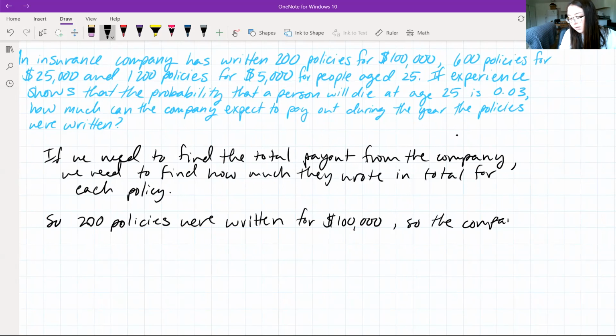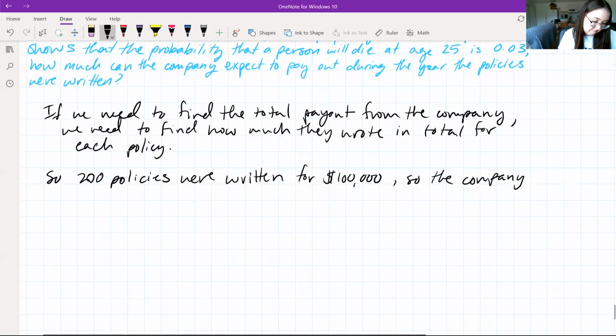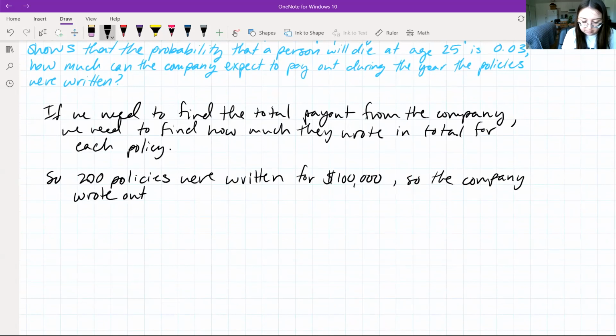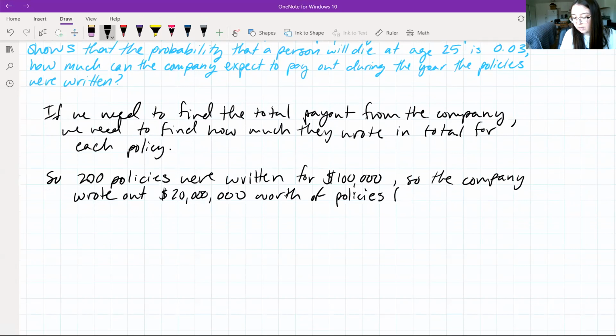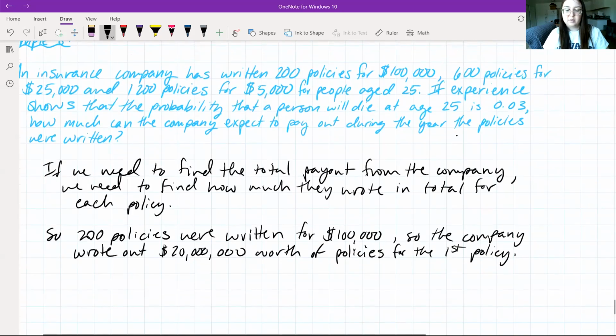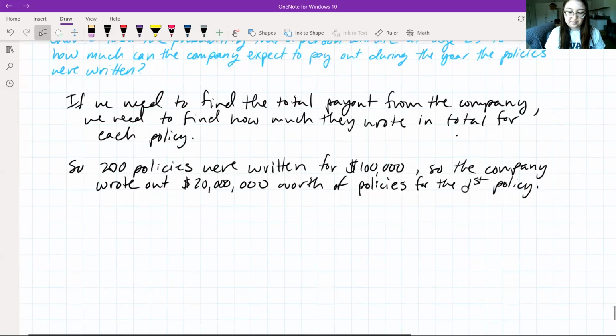So the company wrote out $20 million worth of policies for the first policy. It's the first policy written in our question, so we're just going to call it the first policy.